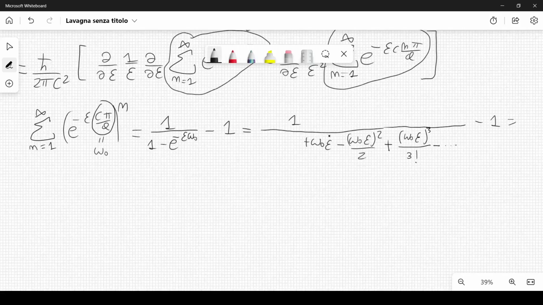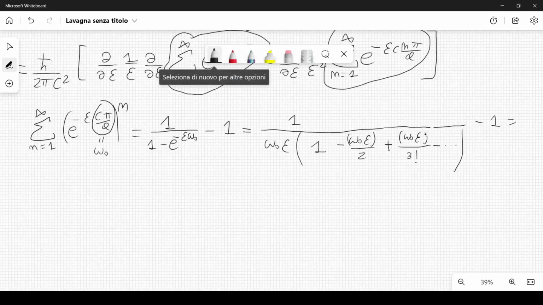Then we can factor out of all these terms omega 0 epsilon. So I'm going to put omega 0 epsilon here, and of course the first term will become equal to plus 1. The second term, of course, we will get rid of this square. In the third term here, instead of a 3, we would get a 2. So this will be raised to the second power, not the third power anymore.